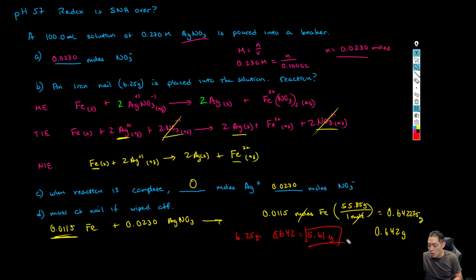I'm going to round off to the hundredths place because that's my least accurate. And there we have this problem. So kind of complex, a lot of cool concepts here, and we can actually figure out how much is going to be consumed by just how many moles of AgNO3 we have.